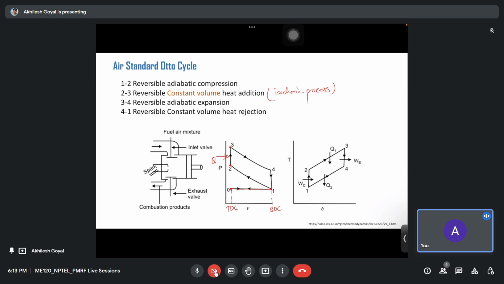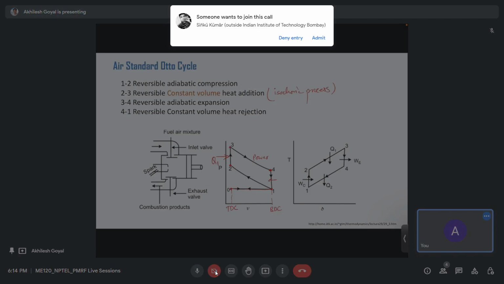This heat supply raises the temperature and pressure of the gas, and these burning gases further expand from point 3 to 4 in the power stroke. Once the piston reaches bottom dead center after the expansion, the exhaust valve opens, and the pressure drops from point 4 to point 1. That process is called blow down.